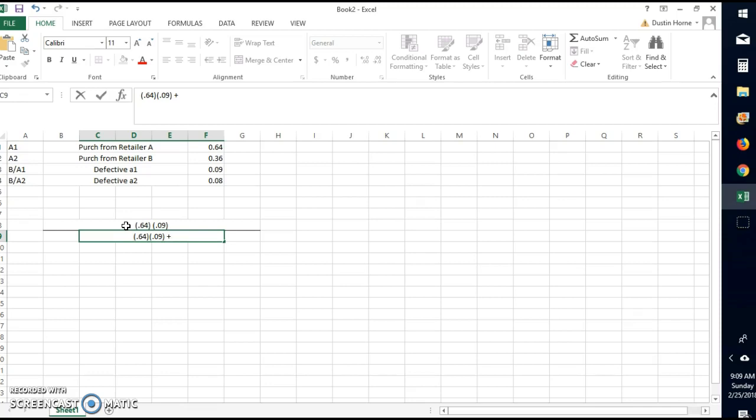Now, the next part is the probability of A2, which is 0.36, times the probability of B happening, given that it came from A2, which would be 0.08. All right. Now, that is your formula.